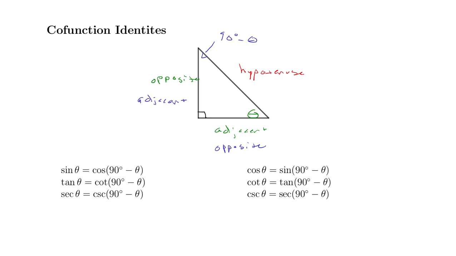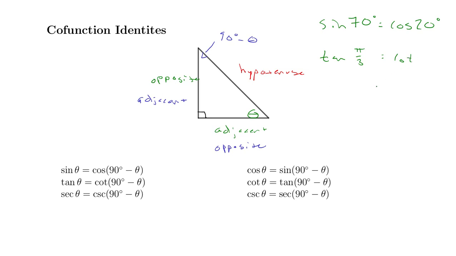So if you wanted, you could go ahead and say things like sine of 70 degrees is the same thing as cosine of 20 degrees. 70 degrees and 20 degrees are complementary angles. You could say that tangent of pi over 3 is going to be the same thing as cotangent of the complementary angle.